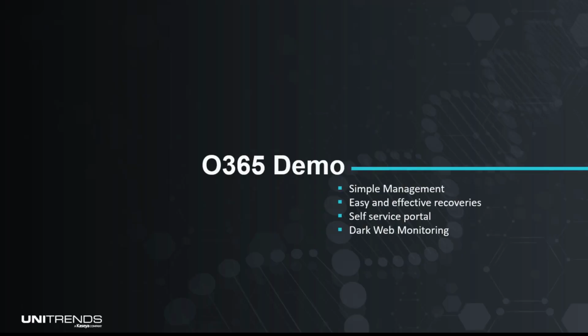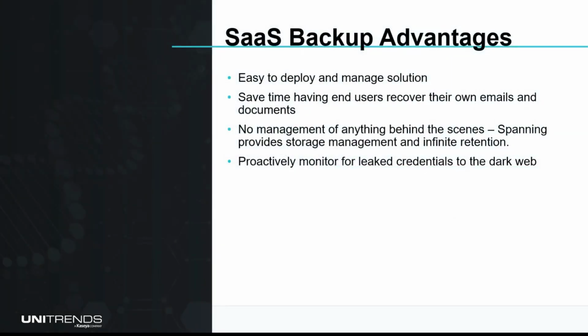So hopefully that was a great sneak peek at what Office 365 Backup can do. As you can see, deployment is as simple as putting your admin into the Spanning portal, and we will begin creating the tenant and backing up everything you select for you. We can save time by having the end users recover their own emails and OneDrive with that self-service portal, and there's no management behind the scenes.